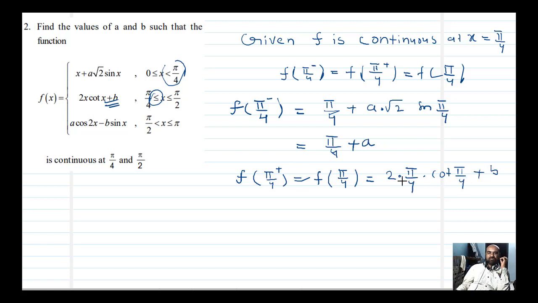Okay, so the 2's cancel, pi by 2 you will get, students. Here pi by 2 we will get, cot pi by 4 is 1, only plus b. So I can say this is result number 1. From result 1, what I can say is pi by 4 plus a should be equal to pi by 2 plus b.